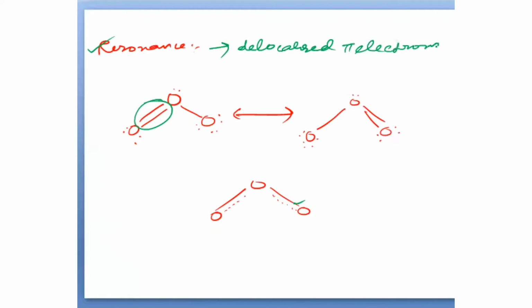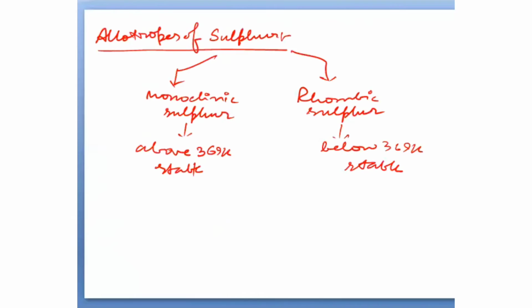It also comes in questions that in which compounds there are delocalized pi electrons. So if you find a compound like this which has a double bond and also takes part in resonance, it will have delocalized pi electrons.